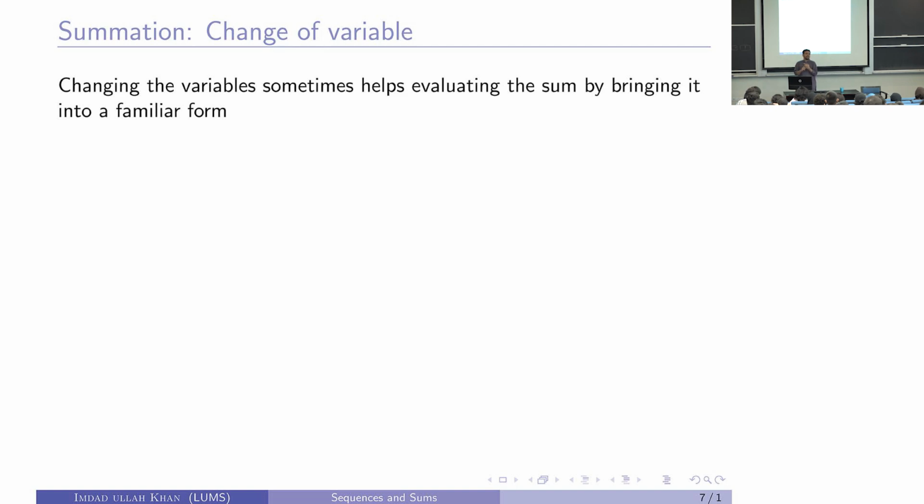Those of you who have done probability, have you ever heard of linearity of expectation? You know expectation? Okay, so there we say expectation is linear. Why? Because summation is linear, right?